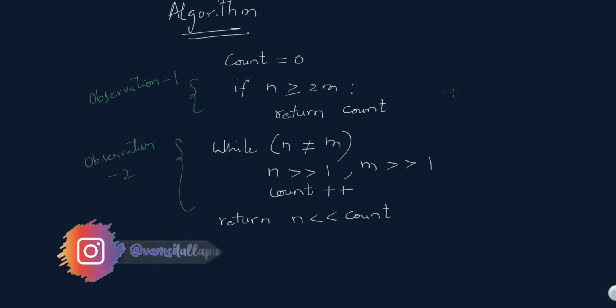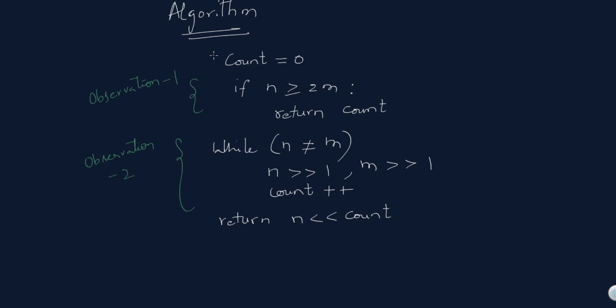So let us deduce the final algorithm which we can implement so that our code runs with minimum time complexity. So here we are taking count is equal to 0. This is our first observation. If n greater than or equal to 2m, we will be returning count, that is 0. In our observation 2, we saw that if n not equal to m, we will right shift n by 1 and we will right shift m by 1 and we will increment the counter.